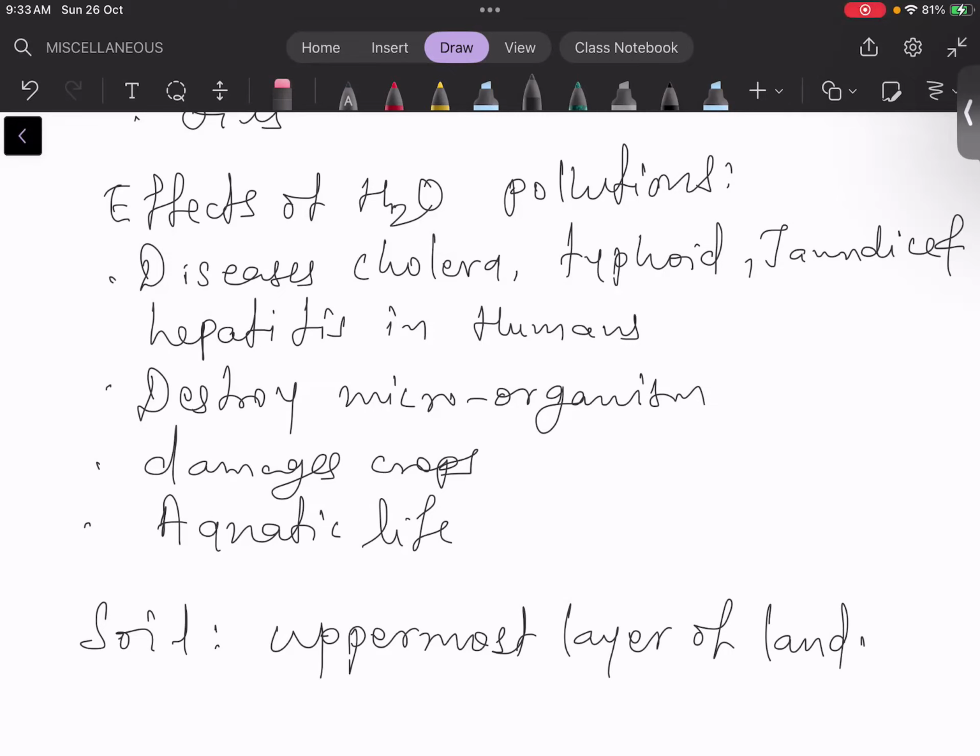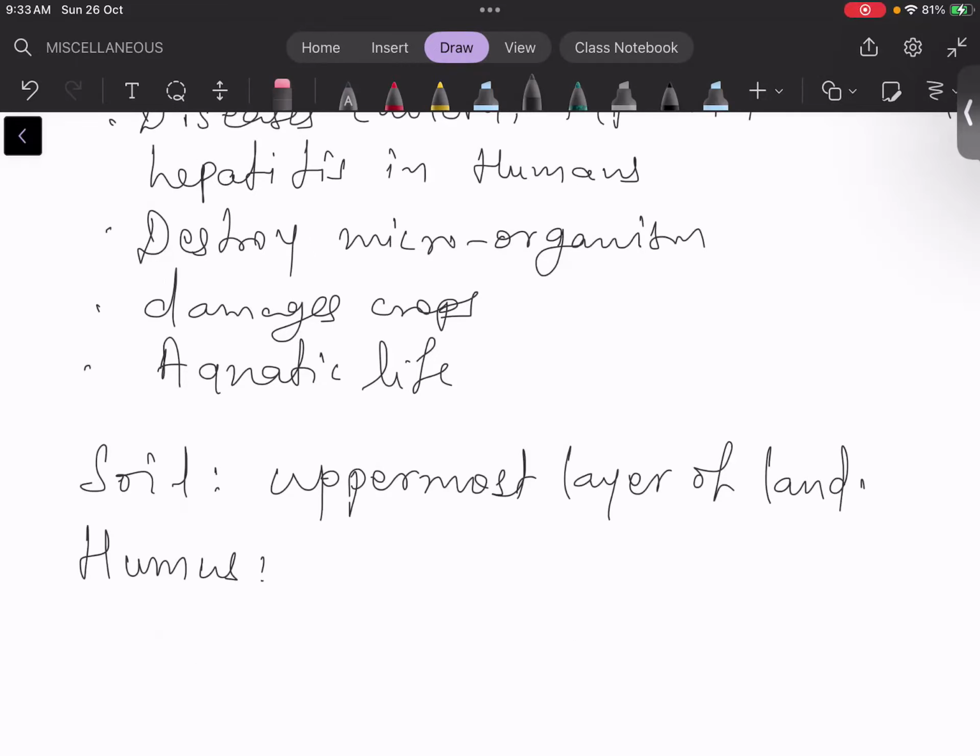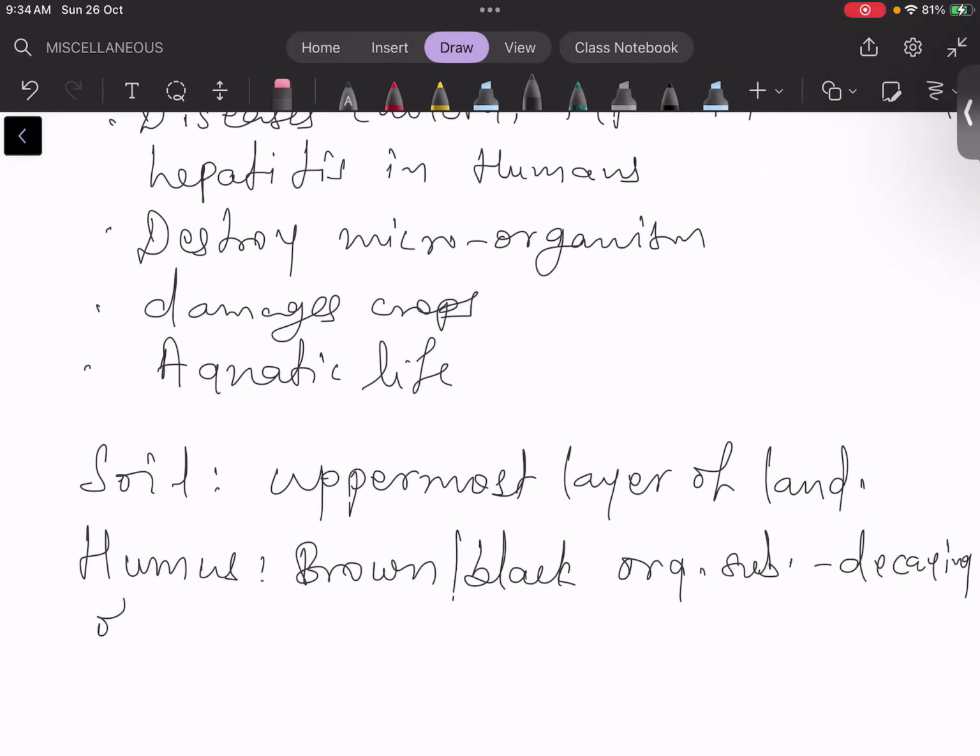Now, humus is a brown or black organic substance formed from decaying of plant and animal matter.